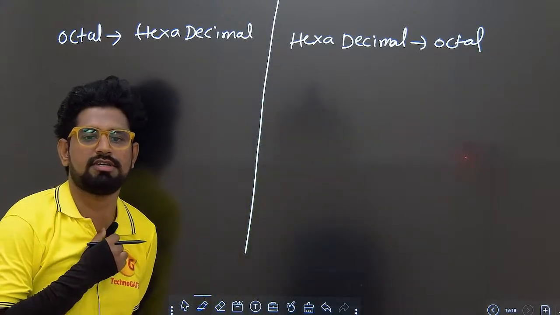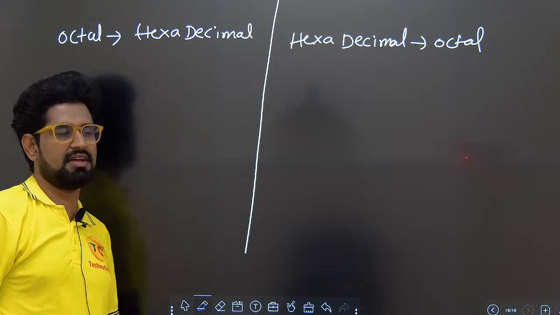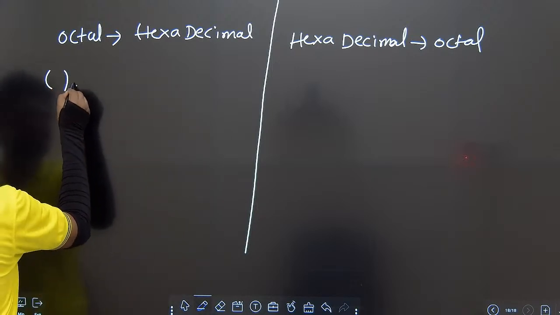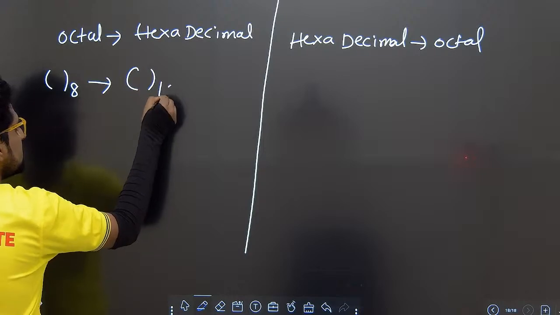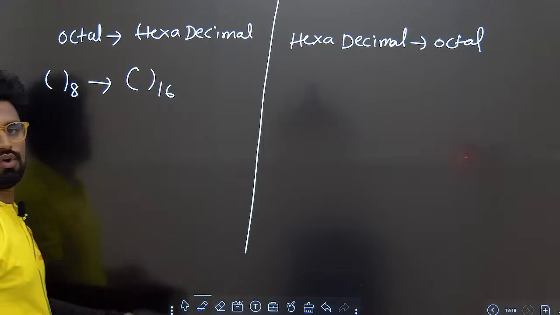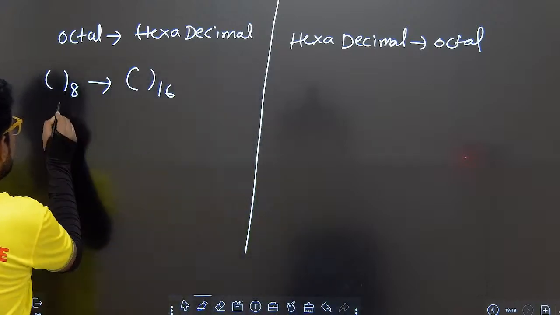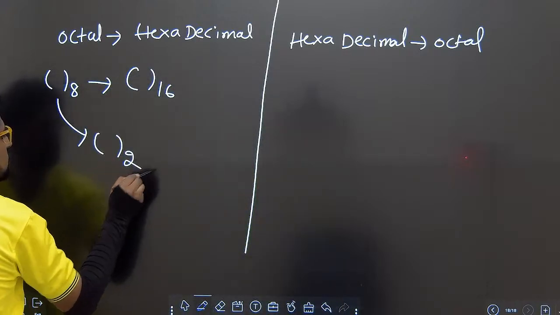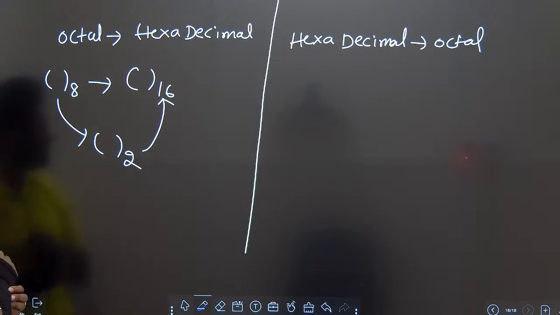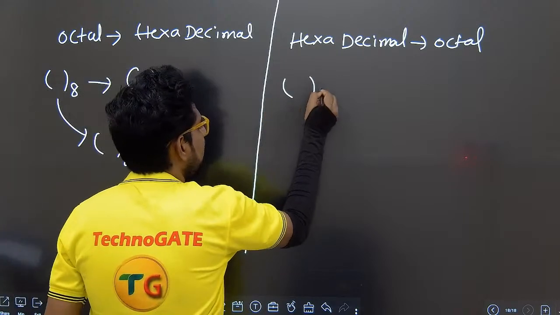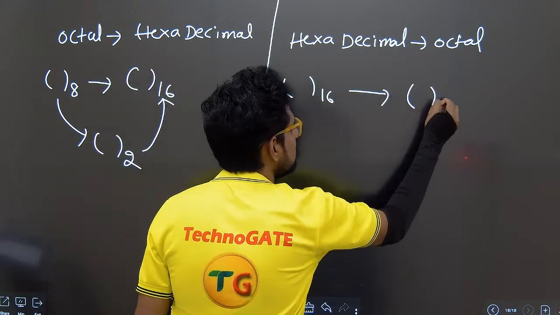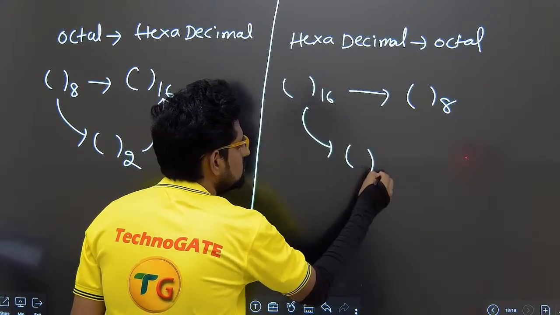How to do the conversion? So let us observe here. Octal means base 8, hexa means base 16. So while we are converting 8 to 16, what we have to do is first convert to base 2, then convert to 16. When we are converting 16 to 8, go via base 2.